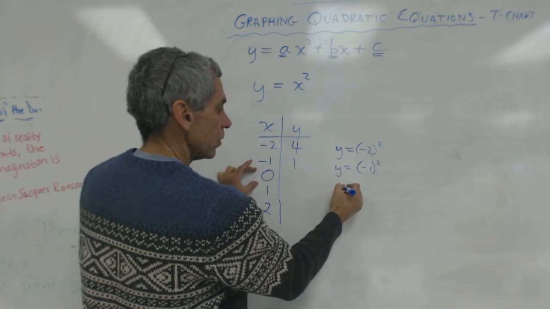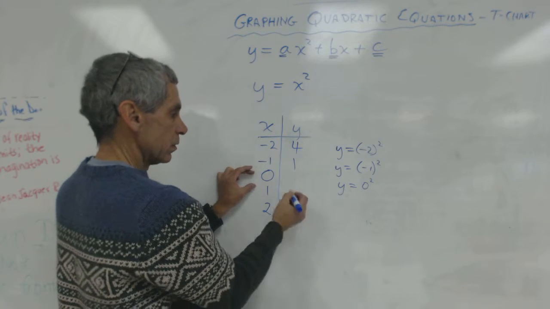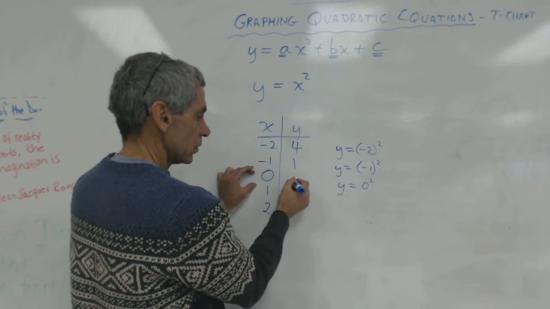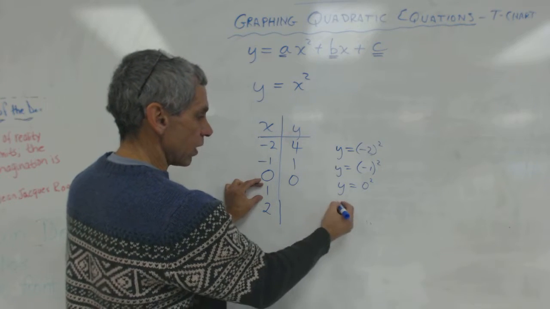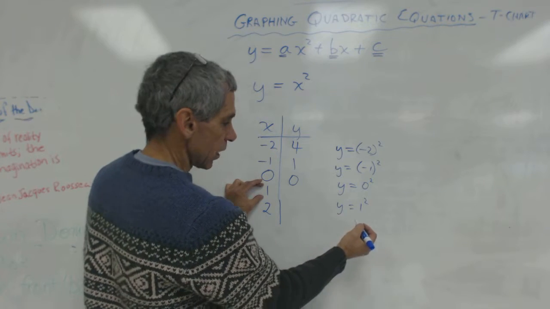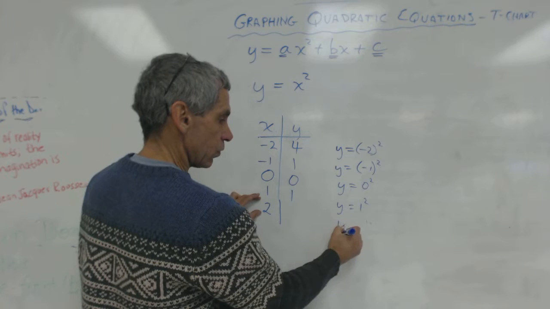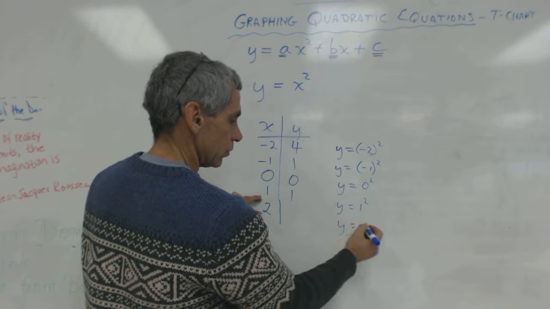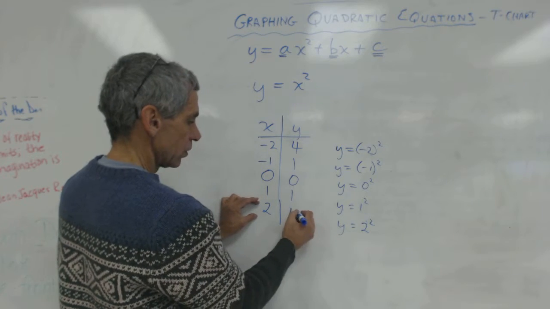If x is 0, y is 0 squared, what would y be? 0. 0 times 0 is 0. And then if x were 1, y is equal to 1 squared, and that would be 1 times 1 is 1. And if x were 2, y is 2 squared, 2 times 2 is 4.